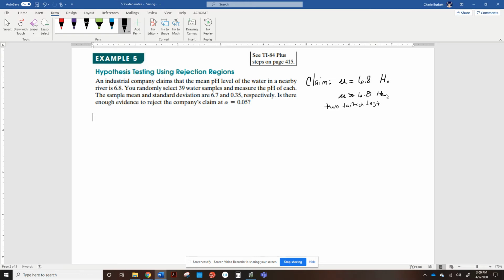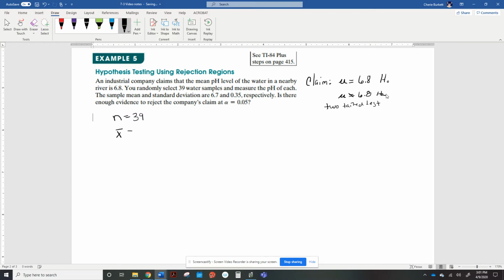And just go through here and read the information. Random selection. It is random. It's 39. 39 is a number greater than 30, so you don't have to worry about if it's a normal distribution or not. The sample mean and the sample standard deviation.